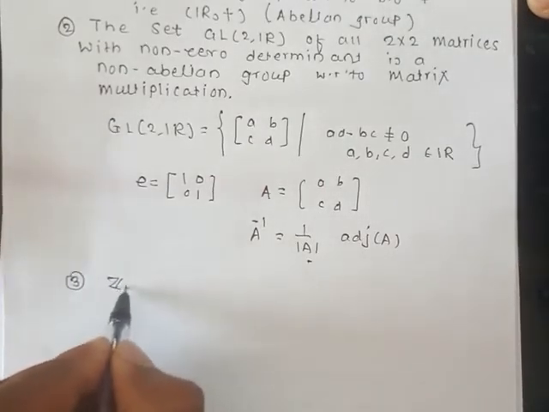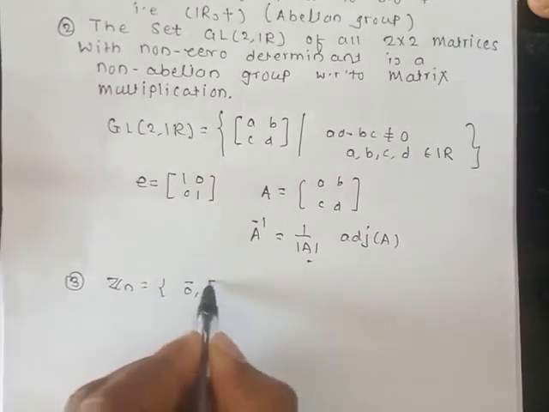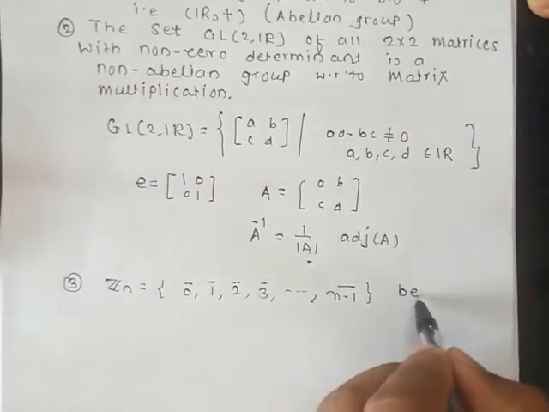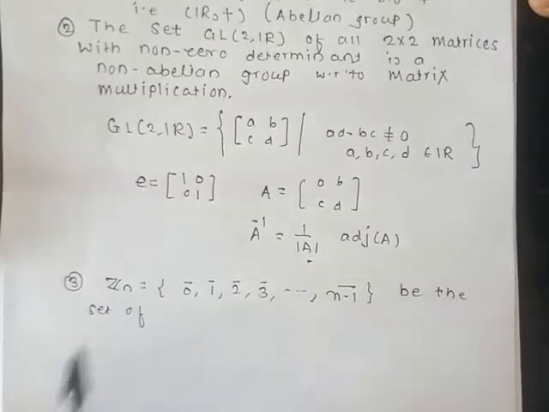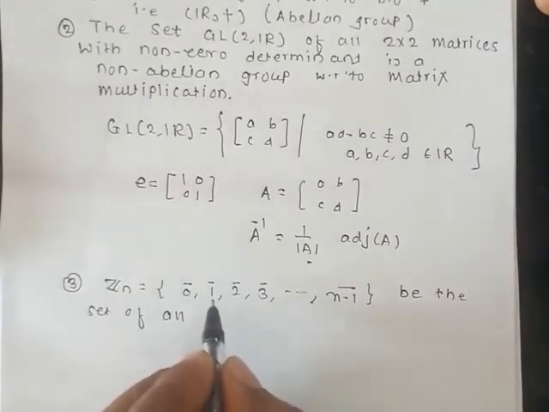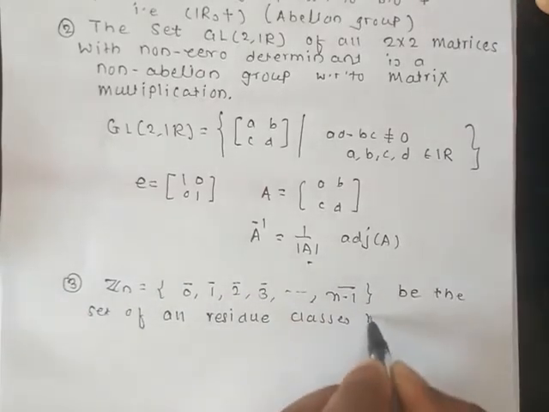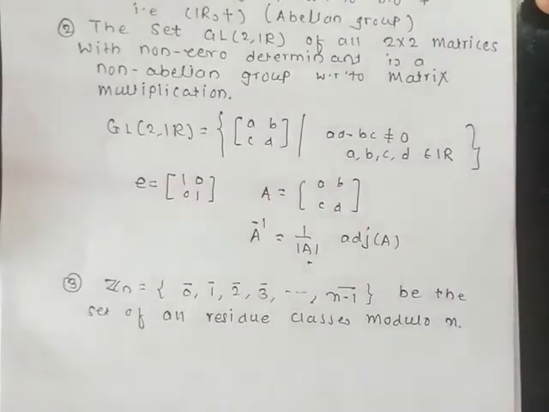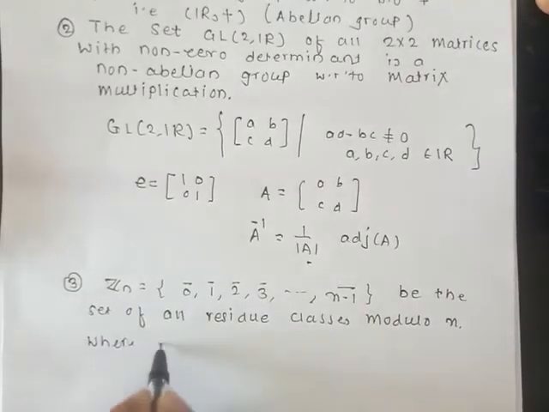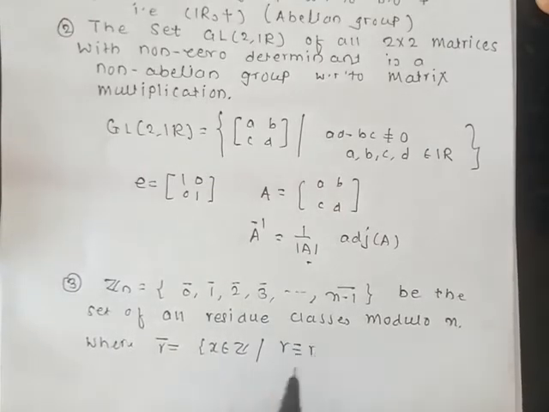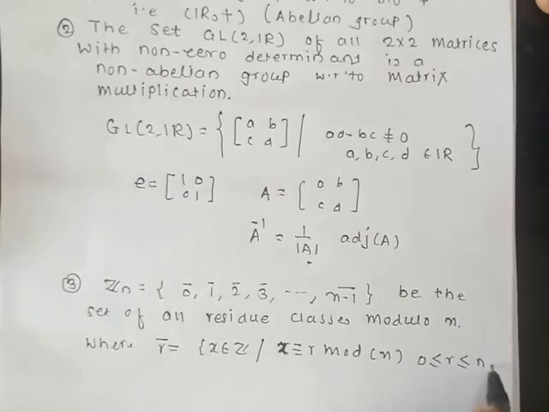Next example, Zn is equal to 0 bar, 1 bar, 2 bar up to n minus 1 bar, the set of all residue classes modulo n, where this R bar is equal to all the elements of Z which are congruent to R modulo n, and this R always lies between 0 and n minus 1.